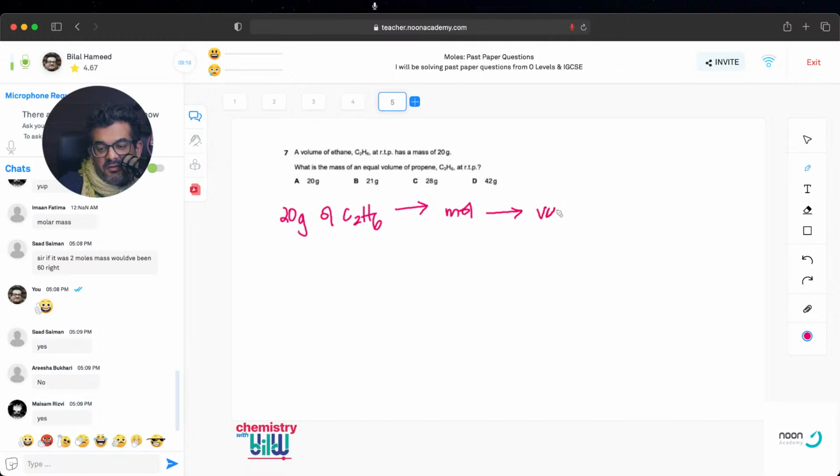But you don't need the volume. Why? Because when they say equal volumes of propene, it also means equal moles of propene, and we need to find its mass. So all you really have to do is find the moles of 20 grams of ethene. For that, you have to find the formula mass of ethene.